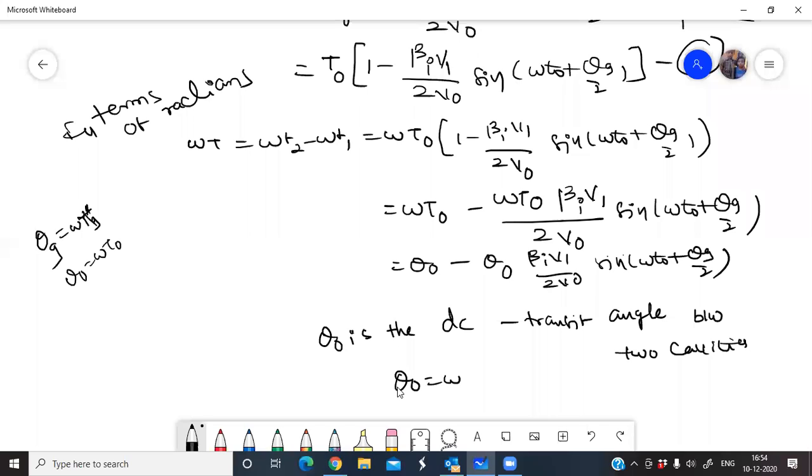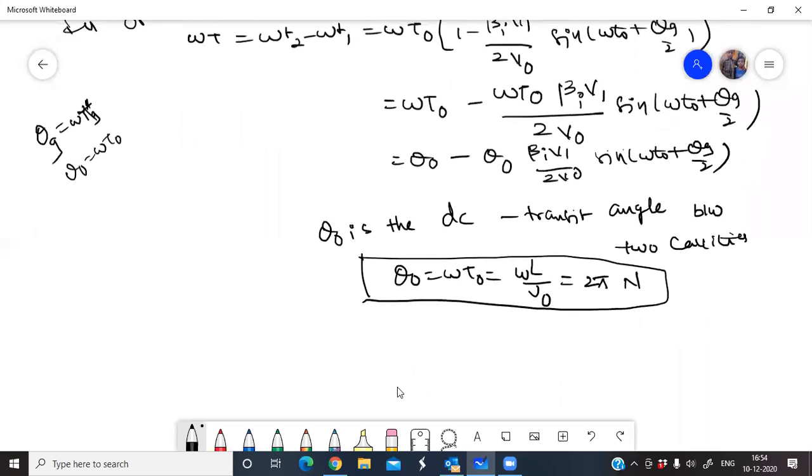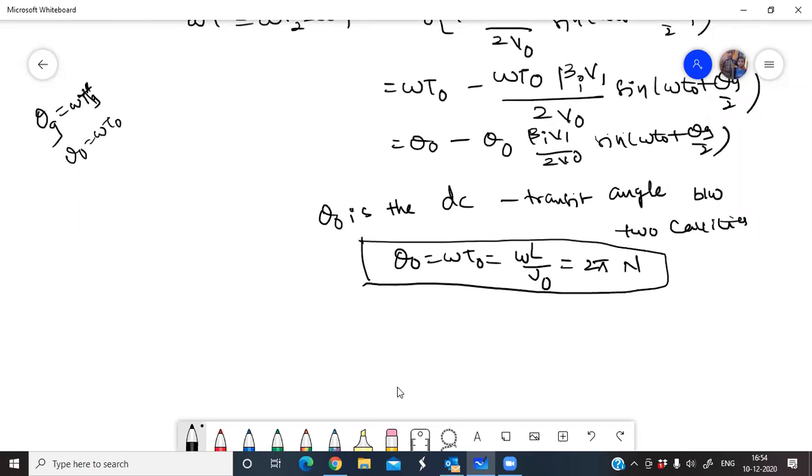The formula for theta naught is, as we already know, omega T naught, or you can also write omega L by V naught, which is equal to 2 pi N. So theta naught equals omega T naught equals omega L by V naught, equal to 2 pi N, where capital N is the number of electron transit cycles in the drift space.